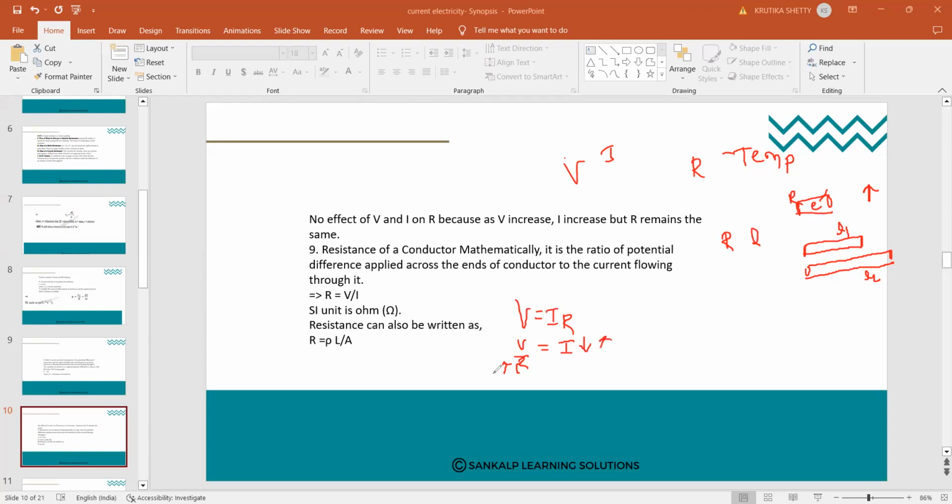If the current value is increasing, the resistance value is decreasing. Here, as the length is more, obviously the current will be more. So when the current is more, the resistance value is decreasing. Therefore, here the resistance and the length are directly proportional with each other.